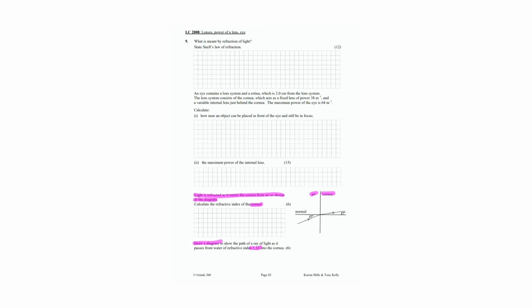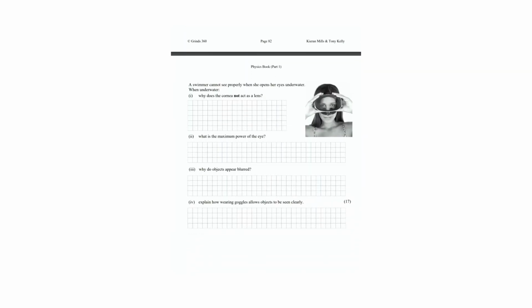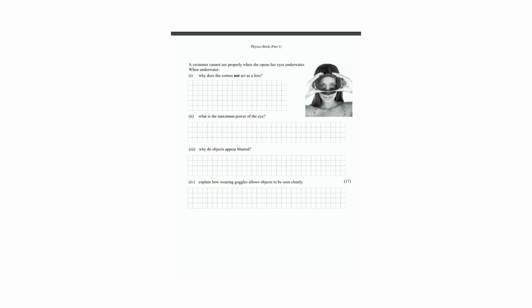Let's continue my question. An interesting question. It's actually examining a lot of things, not an easy question either. So moving on. A swimmer cannot see properly when she opens her eyes underwater. When underwater, why does the cornea not act as a lens?